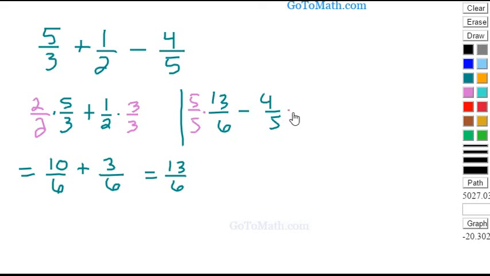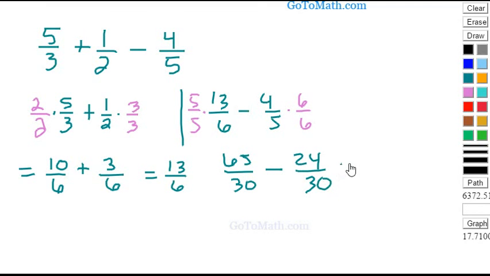And then this side here will have to be multiplied by 6 over 6, because we have a 6 down here, okay? And now what we're doing is 5 times 13, which is 65. Let's see, 50, 15, yeah, that's 65, right? 65 over 30 minus 24 over 30.